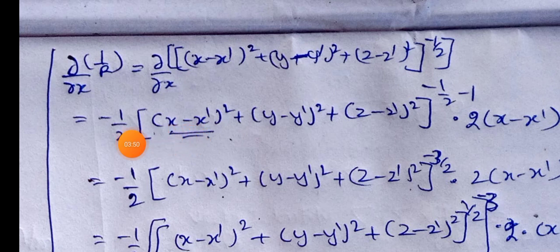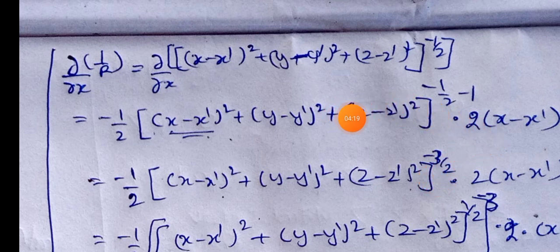The formula: differentiation of x to the power n is n into x to the power n minus 1. So n is minus 1 by 2 into the whole term to the power n minus 1; minus 1 by 2 minus 1 gives the power minus 3 by 2.